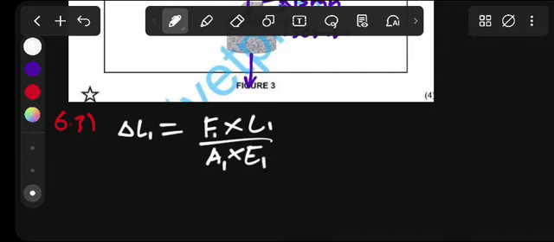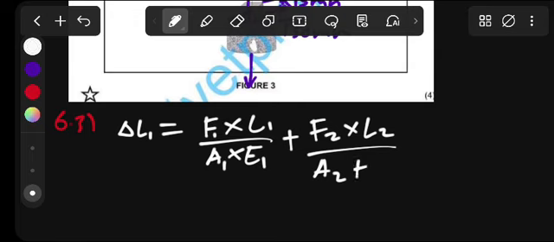Plus the change in length for the second object, with the area of the second object multiplied by the Young's modulus of the second object.